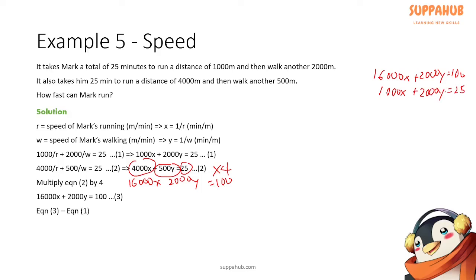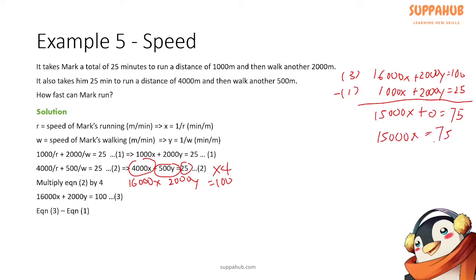So you have 3 minus 1. 16,000 minus 1000, you have 15,000 x. 2000 minus 2000, you get 0. And 100 minus 25, you get 75. So basically you have 15,000 x equals 75.